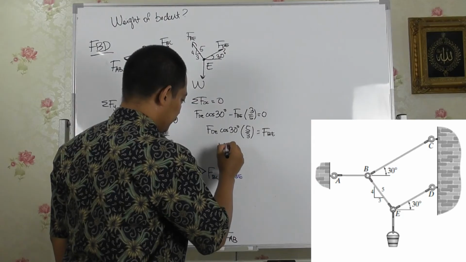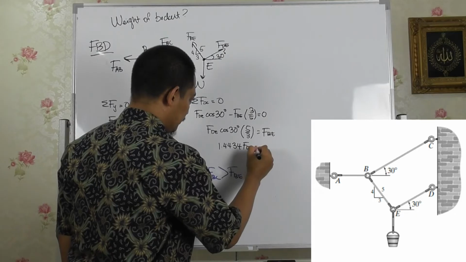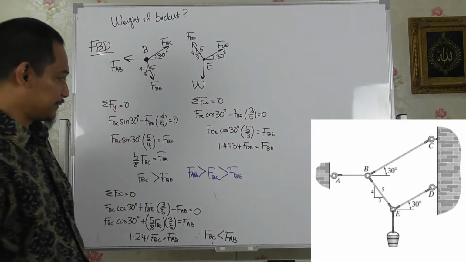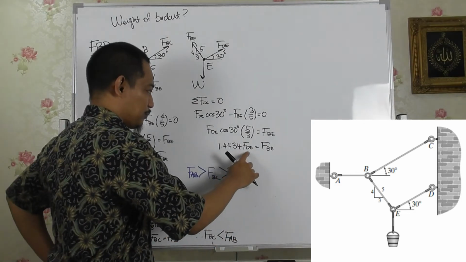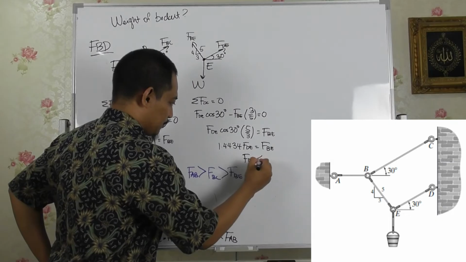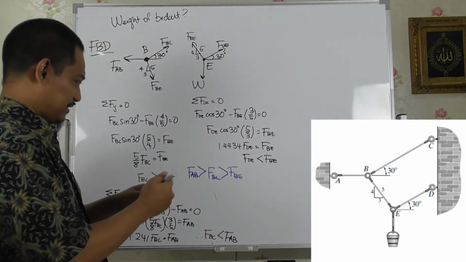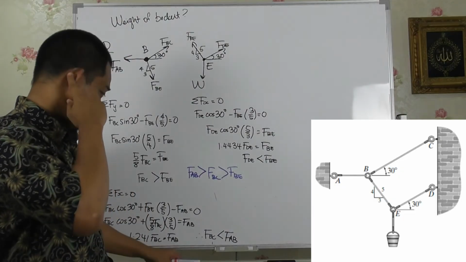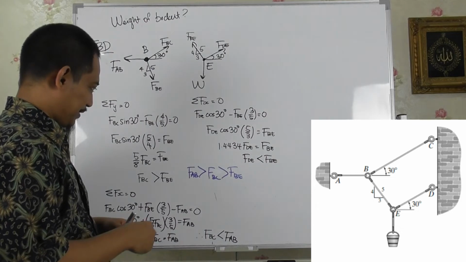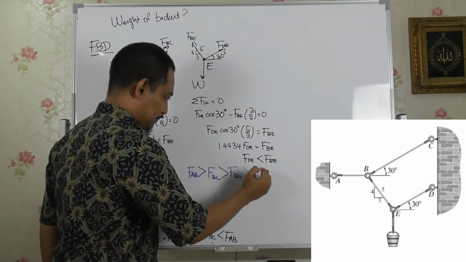1.4434 FDE equal to FBE. So from here, which one is bigger? If FDE is 1, FBE is 1.44, so FDE is smaller than FBE. Given that relationship, that makes our comparison much easier, because FBE is bigger than FDE.